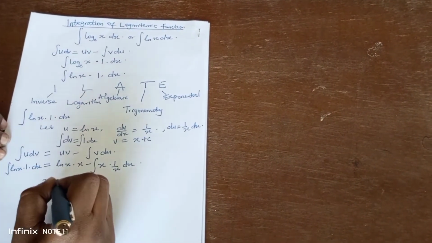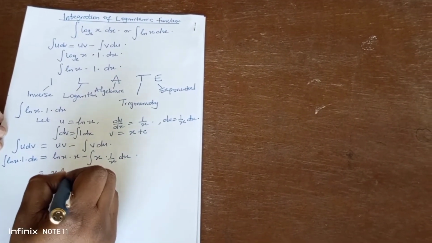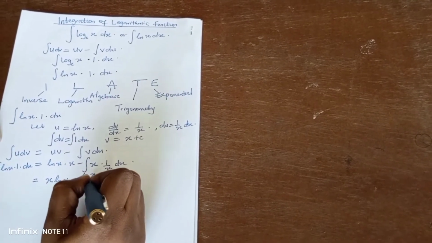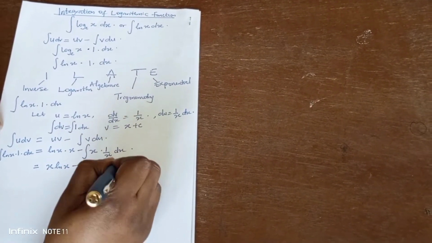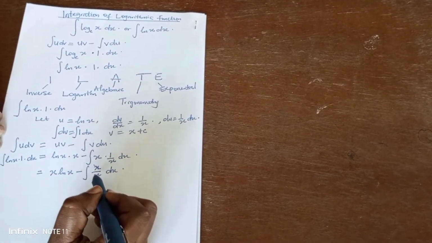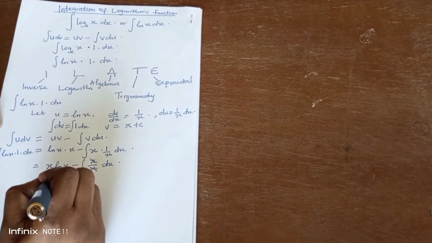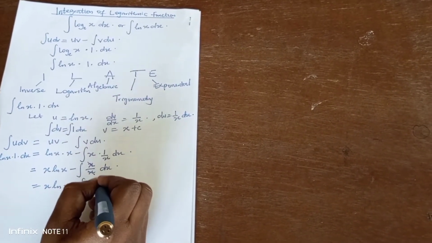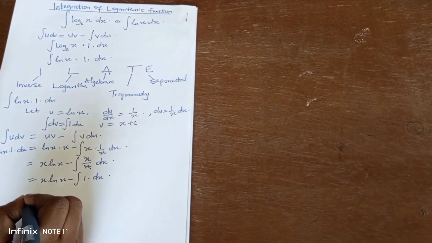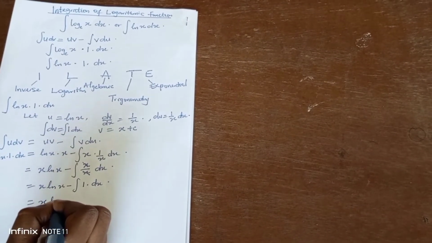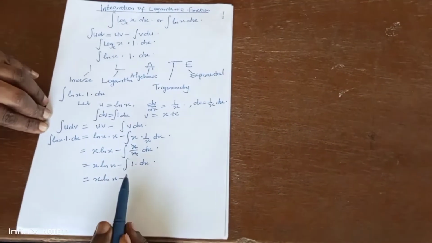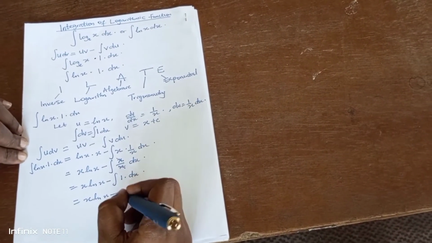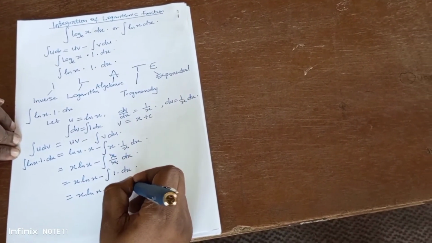So we have gotten this as x ln x, then minus the integral of x over x dx. Now you can say that this x cancels x. So I have x ln x minus the integral of 1 dx. Now this gives me x ln x, then minus the integral of the constant 1. The integral of 1 will give me x, then plus c.